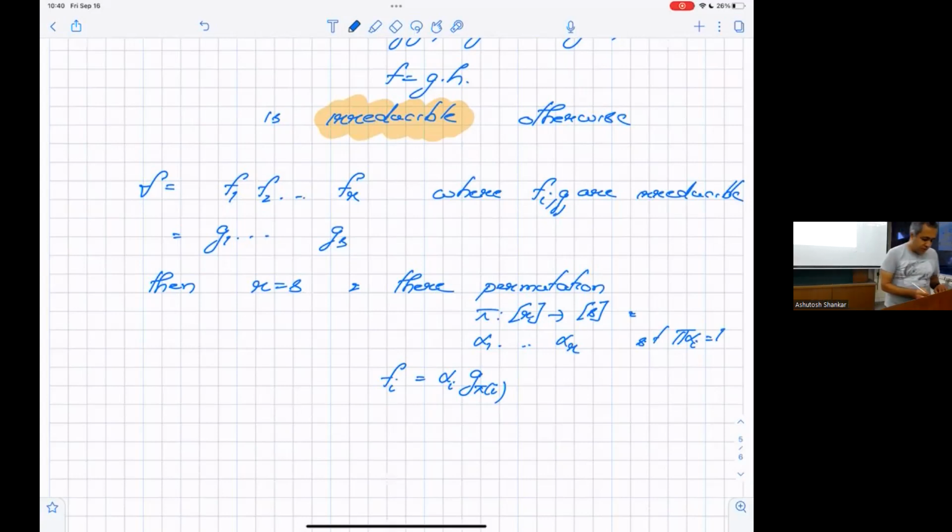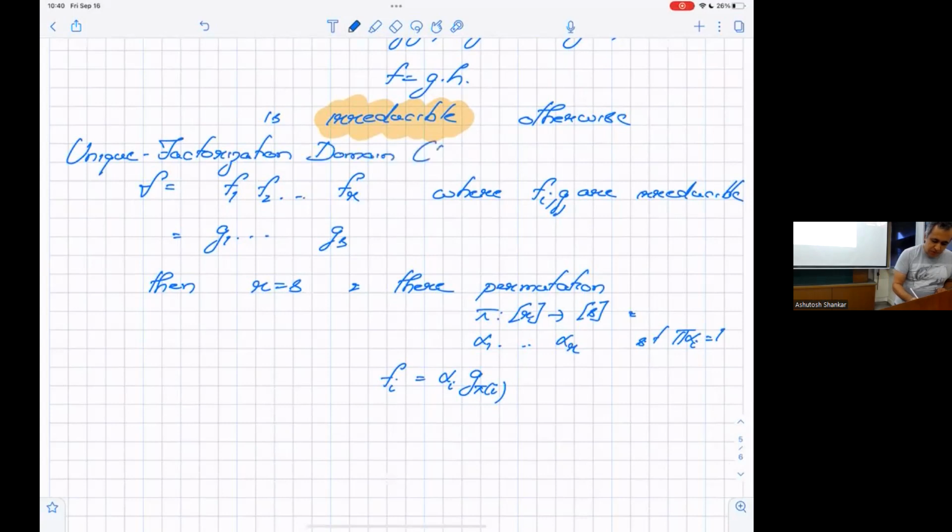This is what makes this a unique factorization domain, UFD.